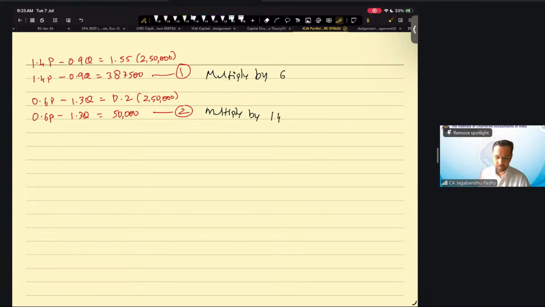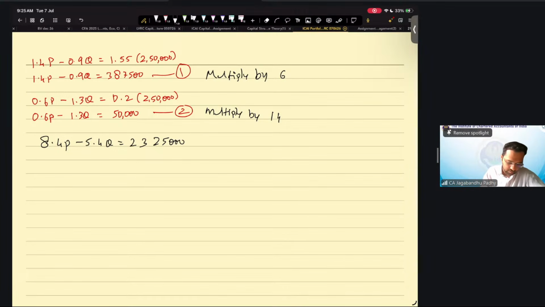So multiply this by 6: 1.4 into 6 is 8.4P, minus 0.9 into 6, which is 5.4Q, is equal to 3,87,500 into 6, which is 23,25,000.